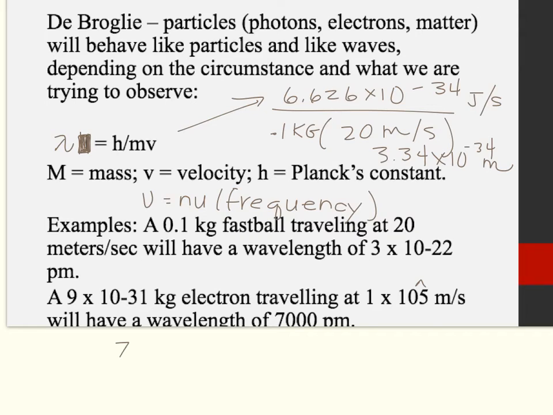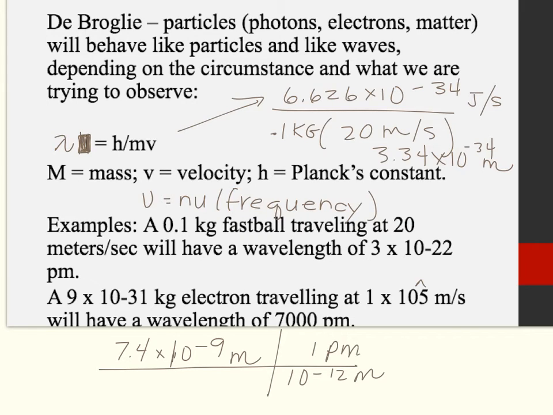I'm going to wind up getting 7.4 times 10 to the minus 9th meters, and then do my dimensional analysis. 10 to the minus 12 meters is 1 picometer, and I actually get 7,362 picometers. They rounded it here in the PowerPoint. I think this one actually came out, yeah, they had 3, I came out with 3.34.